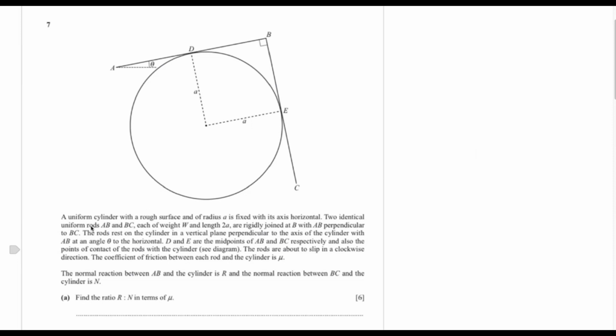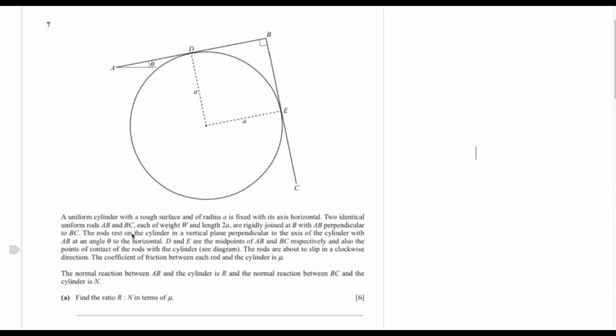Two identical uniform rods AB, so this is AB, one of the rods, and BC, the second rod, each of weight W and length 2L, are rigidly joined at B. So that means they're joined up here, fixed. It's not flexible, it's always 90 degrees, in other words, with AB perpendicular to BC.